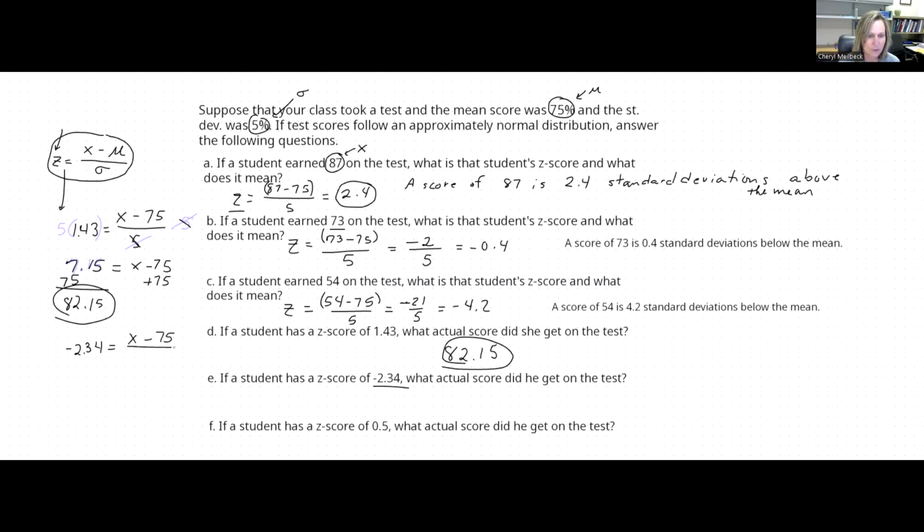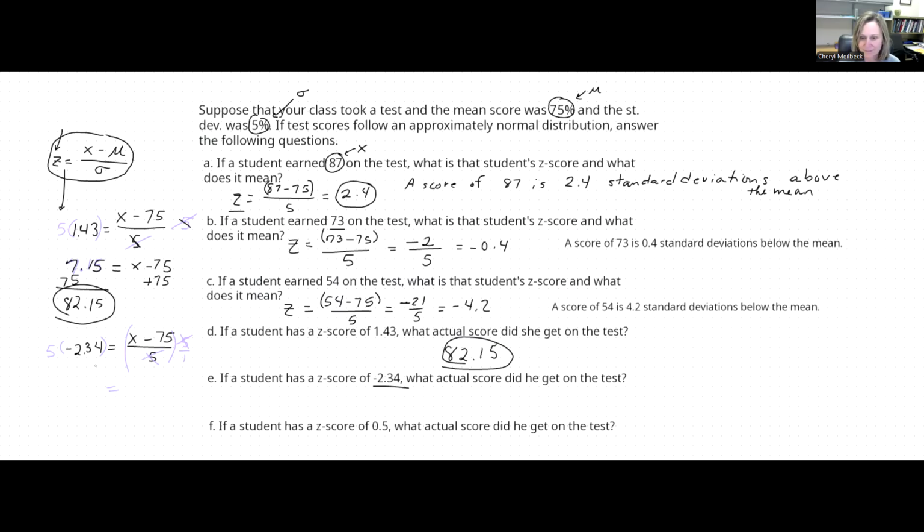We follow that same process. We'll multiply both sides by the standard deviation. So we're taking our z-score times the standard deviation, which cancels the 5 on the right side, leaving us with 11 point something.